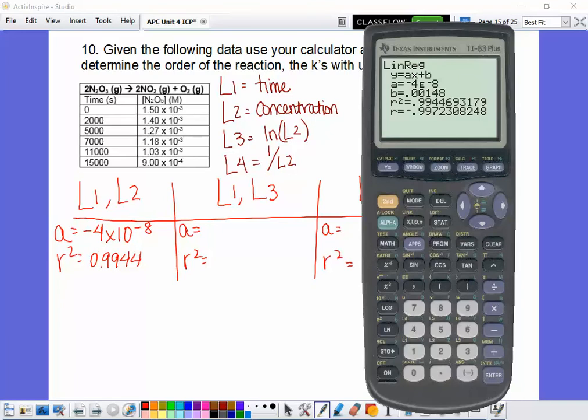And now, we're going to do the same thing for L1 and L3. So go back to stats, over to calc, down to lin/reg, and it'll respond when I press enter. And then now I wanted to do L1 versus L3. Enter.